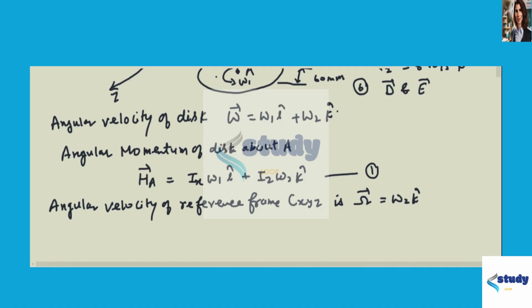So the rate of change of angular momentum of the disk about A will be HA of the reference frame Cxyz plus omega cross H. Substitute the value.